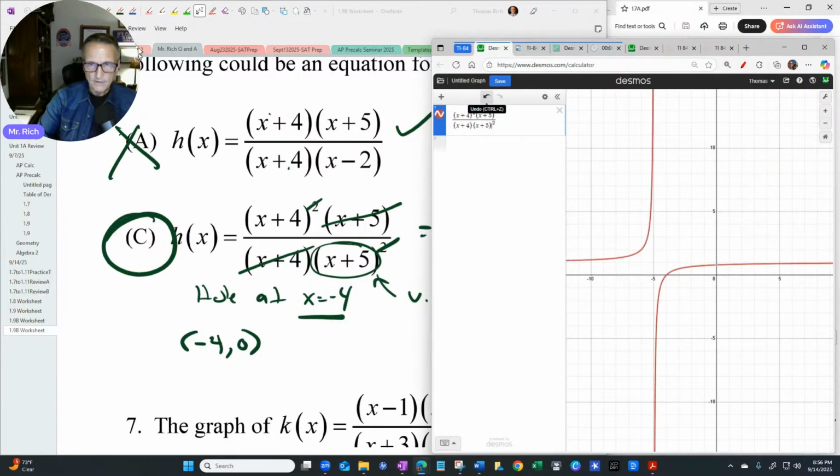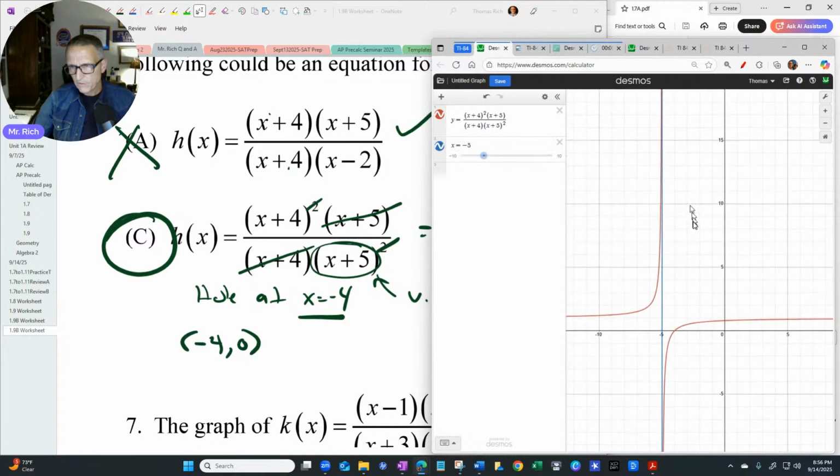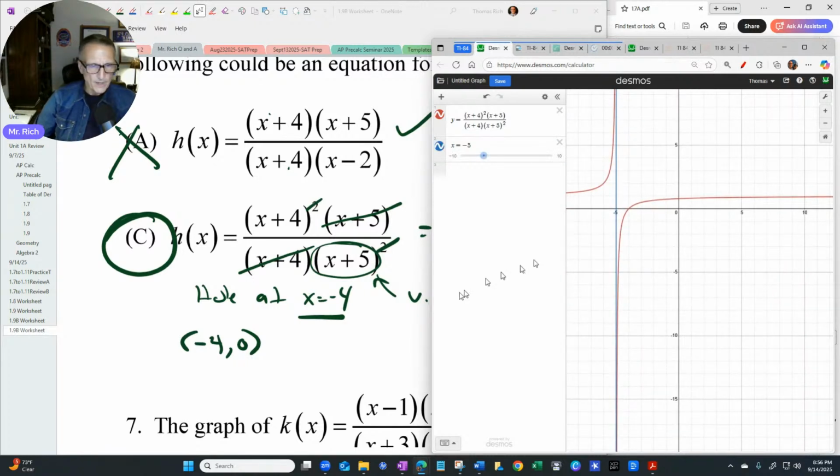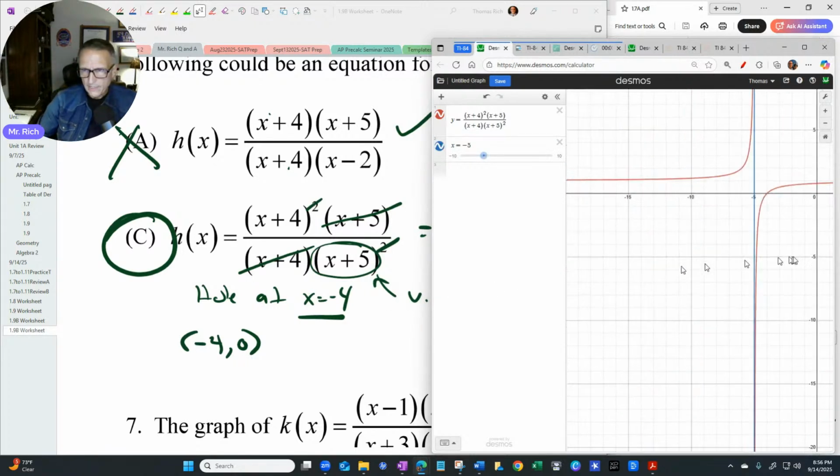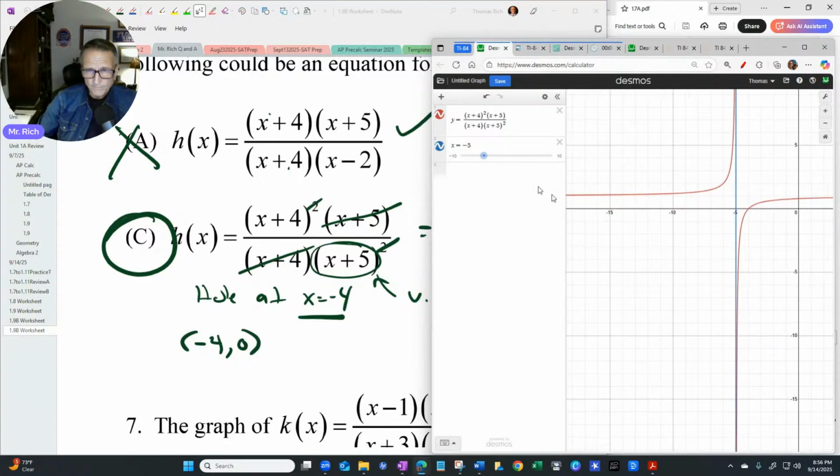And it's a good idea when working in Desmos to put a y equals here. All right, we said there was an asymptote at -5, so let's put x equals -5 just to see if that is indeed the case. X equals -5. There it is. So yeah, that sure looks like we got the vertical asymptote right. And there should be a hole at -4.